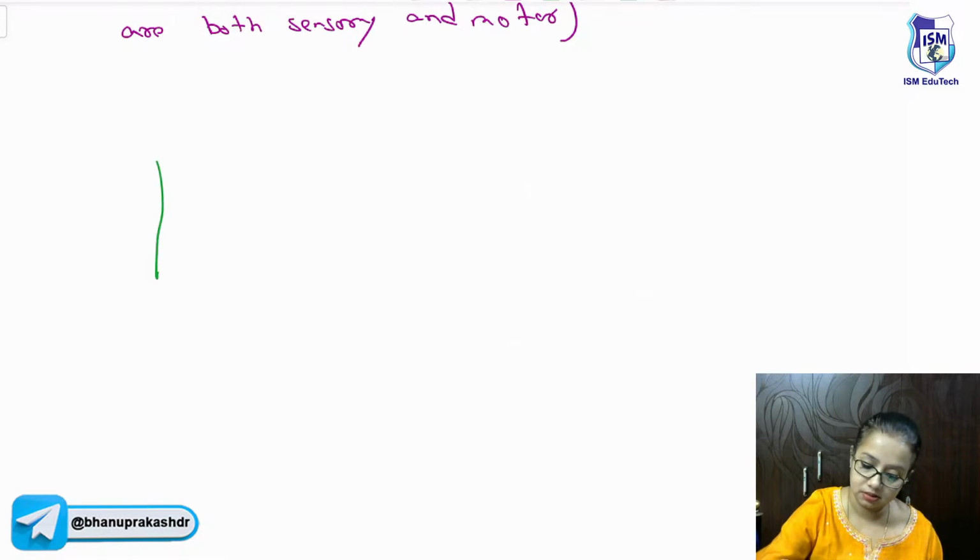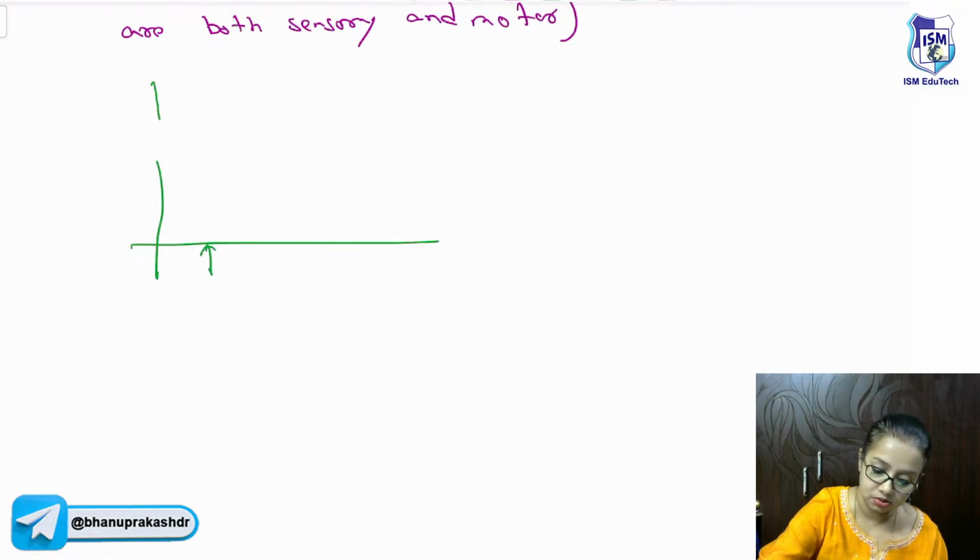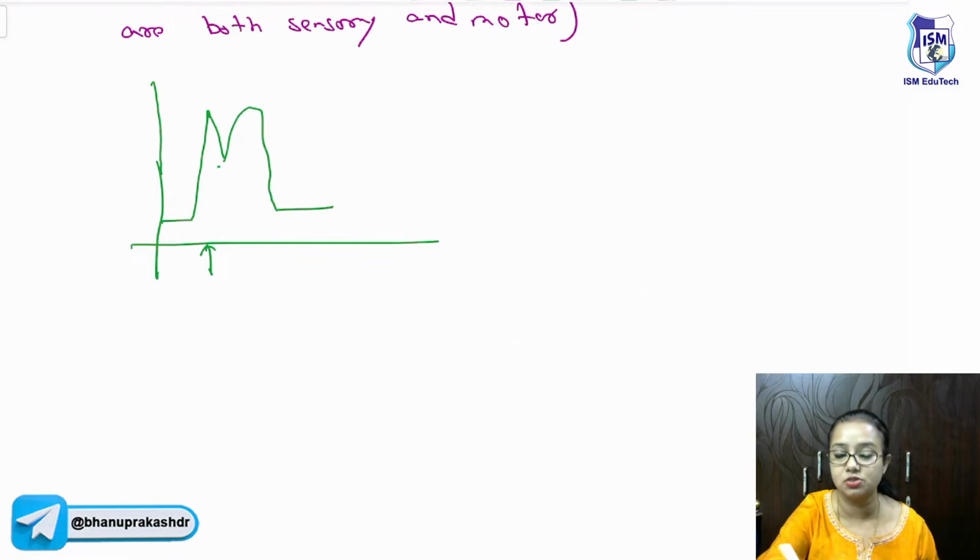Say this is the stimulus. In the compound action potential, some fibers show an action potential like that, and from there itself maybe another type of action potential is generated.